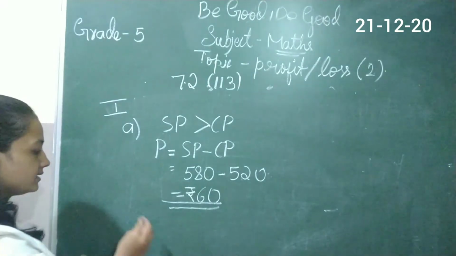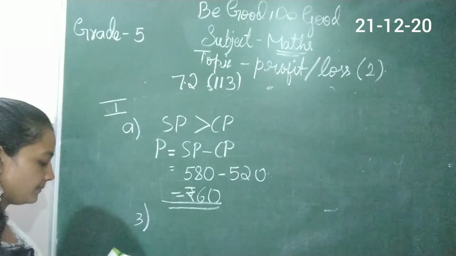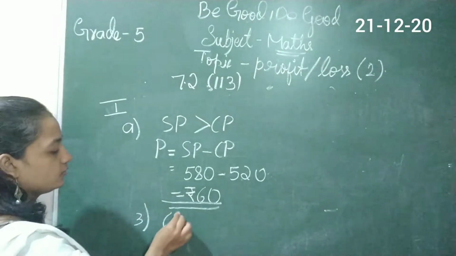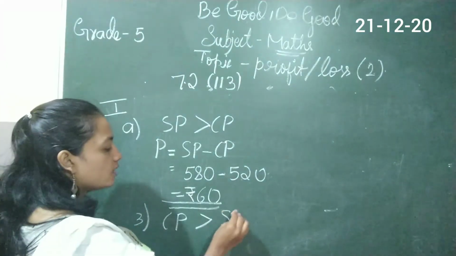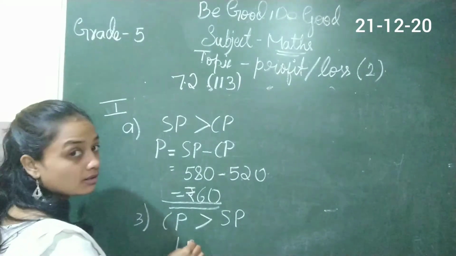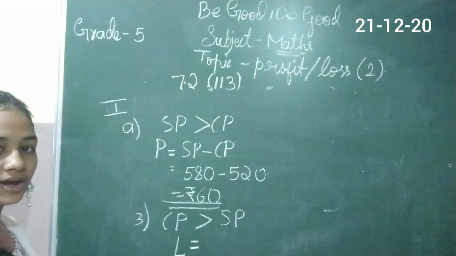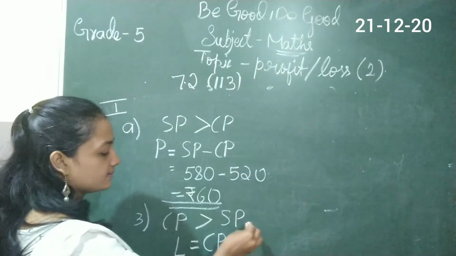The third one here, in this case, my cost price is more. If you compare the numbers, cost price is more. If my cost price is more, then I will get a loss. So how do you find the loss? You write CP minus SP.